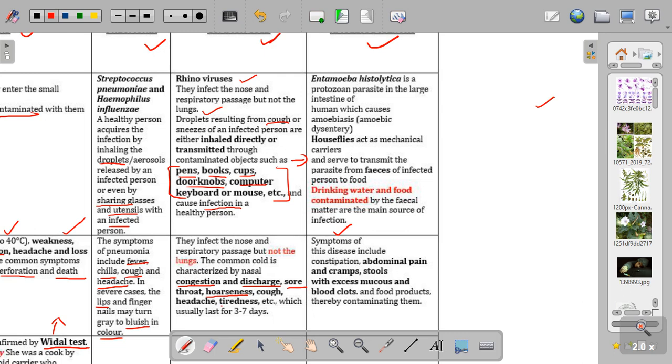The whole set of symptoms can last around 3 to 7 days. So this is about common cold.